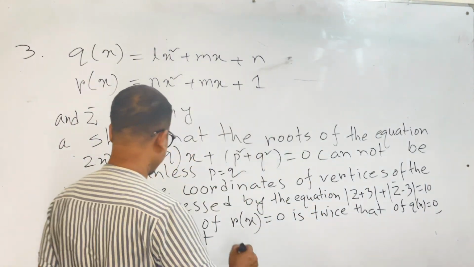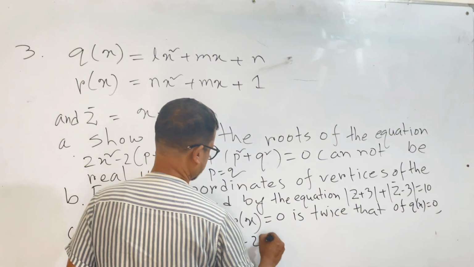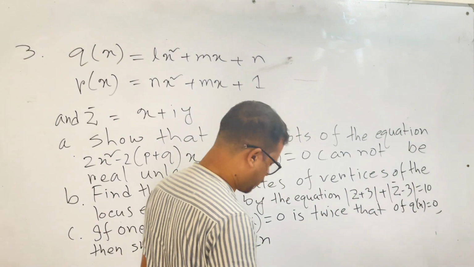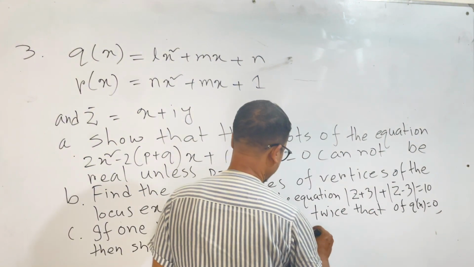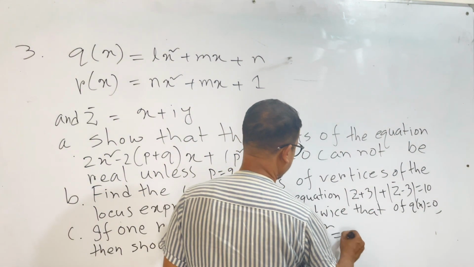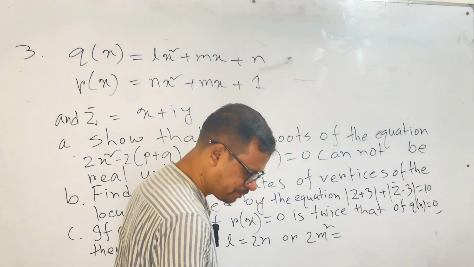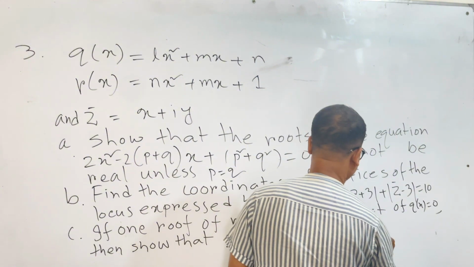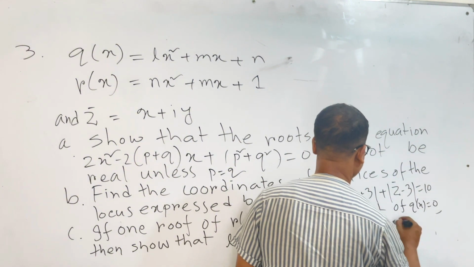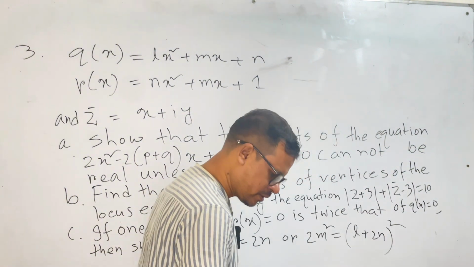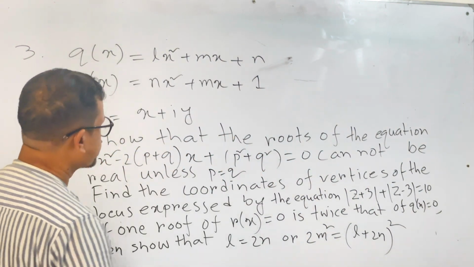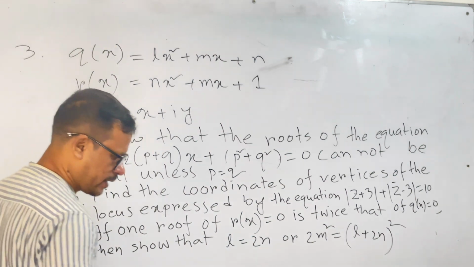L equal to 2n or 2m square equal to (L plus 2n) square. Again I say Qx equal to Lx square plus mx plus n.